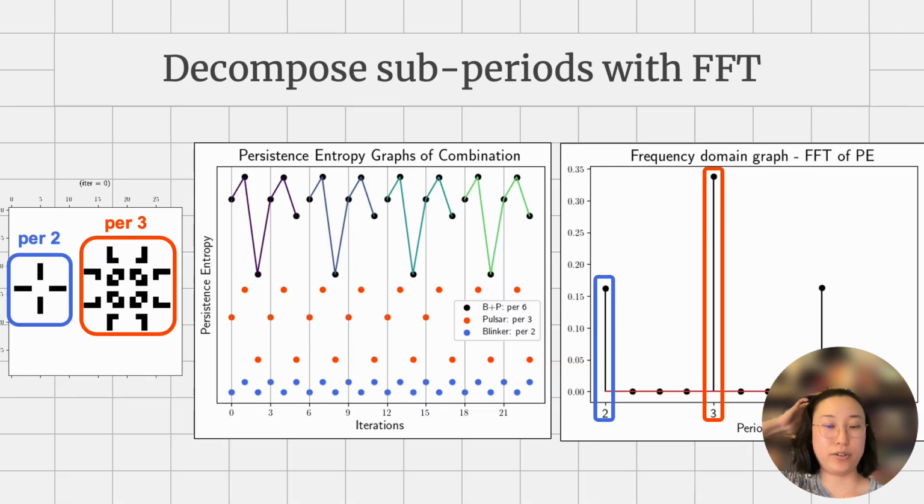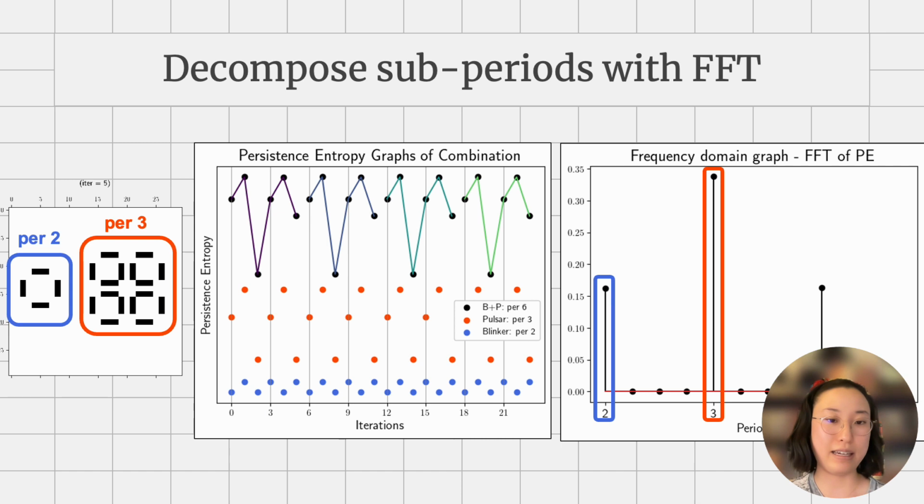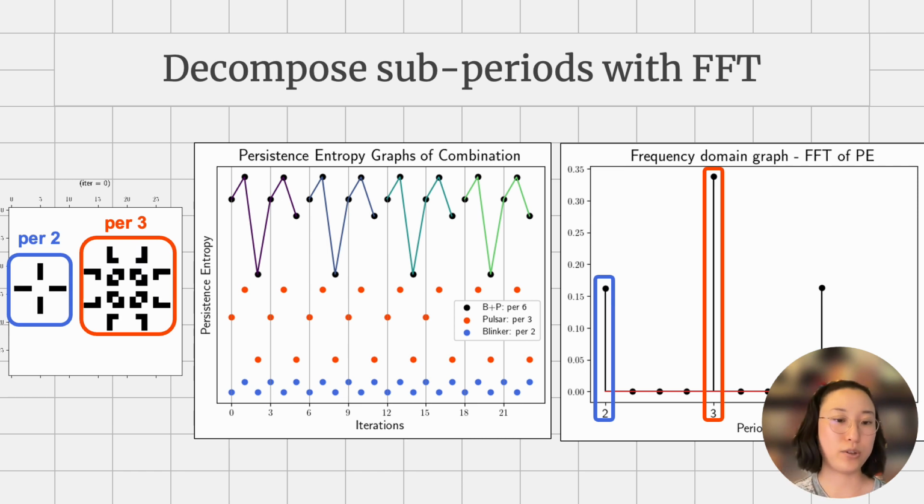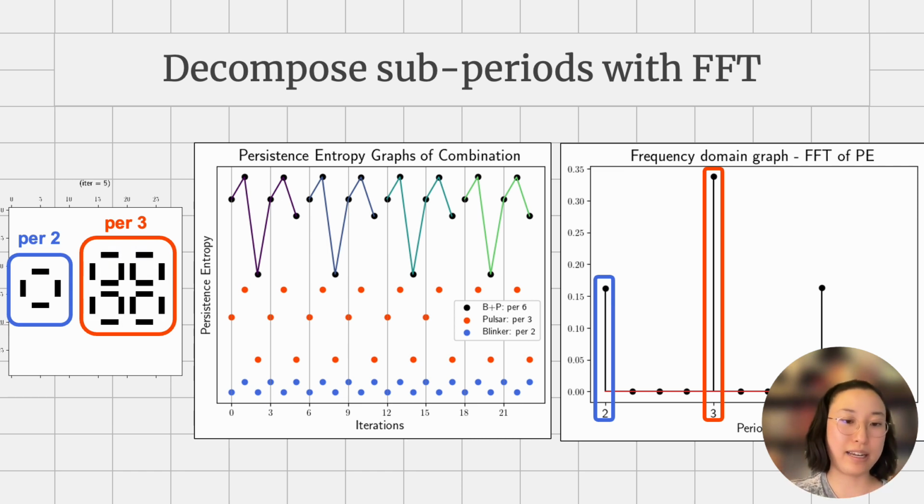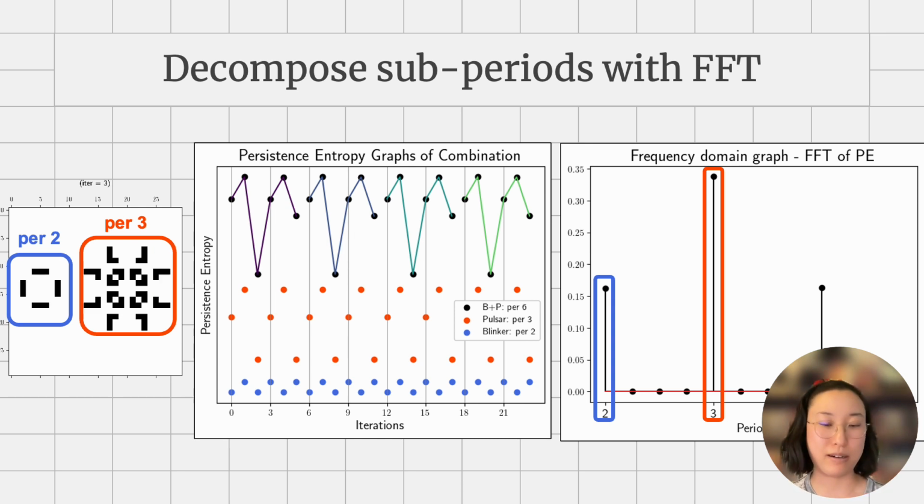Something else that we could do with having the persistence entropy values was we could decompose the persistence entropy values to find the subperiods. So as an example, we created a combination pattern of a period 2 pattern with a period 3 pattern, and that created a combination period 6 pattern, which is in black on the top.